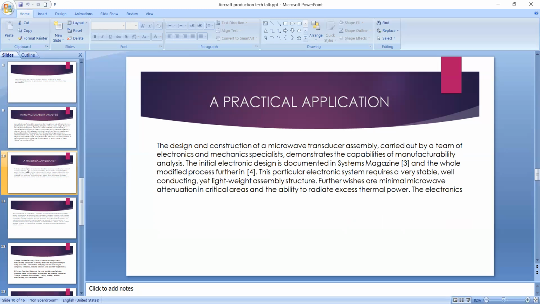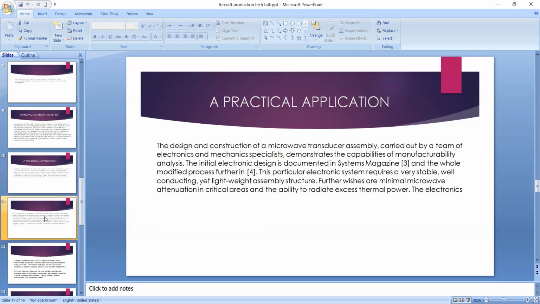This particular electronic system requires a very stable, well conducting, lightweight assembly structure. Further wishes are minimal microwave attenuation in critical areas and the ability to radiate excess thermal power.